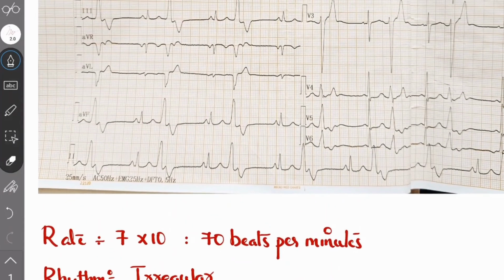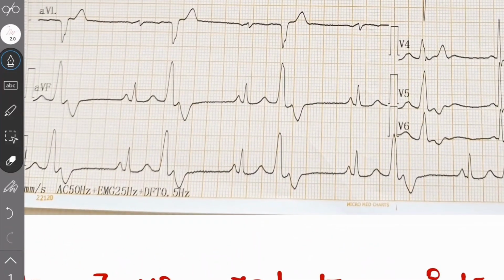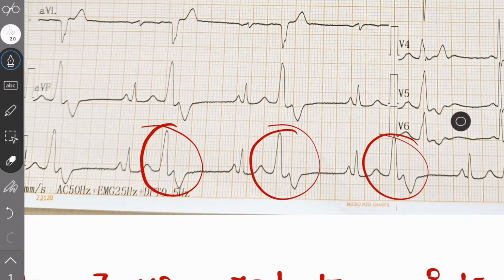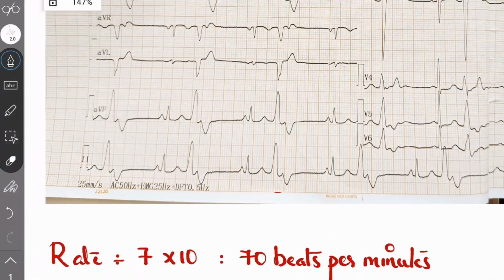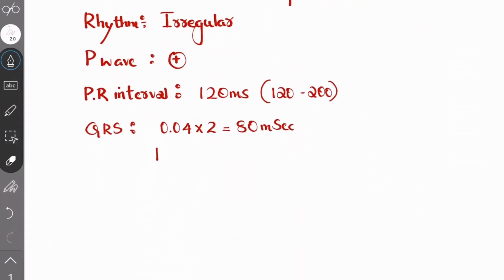But here we found another ectopic ventricular contraction, a premature ventricular complex, this one. So we have to find the interval of the QRS in such complexes also. It is 1, 2, 3 small boxes in the PVC. So the PVC, that is premature ventricular complex, has 0.04 into 3, that is 120 milliseconds.